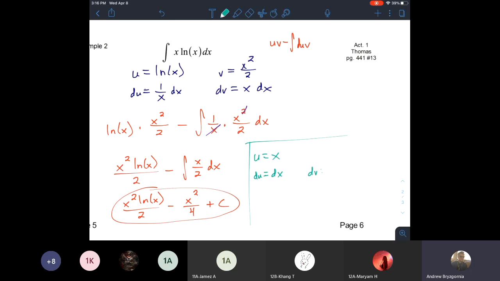But the issue that we ran into was that required dv to be natural log of x. And the problem is that we have not learned how to do the antiderivative of natural log. So we have no idea what v is, and therefore it's impossible for us to do this question. So because of that, I knew that I had to switch these two, and get rid of that dx.